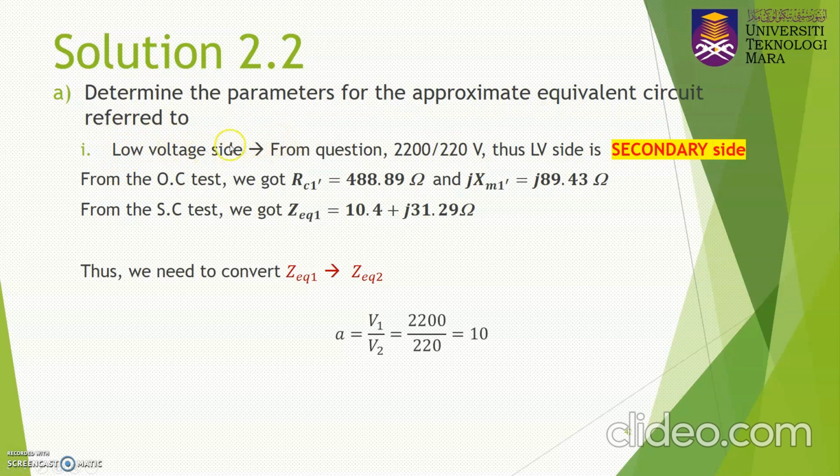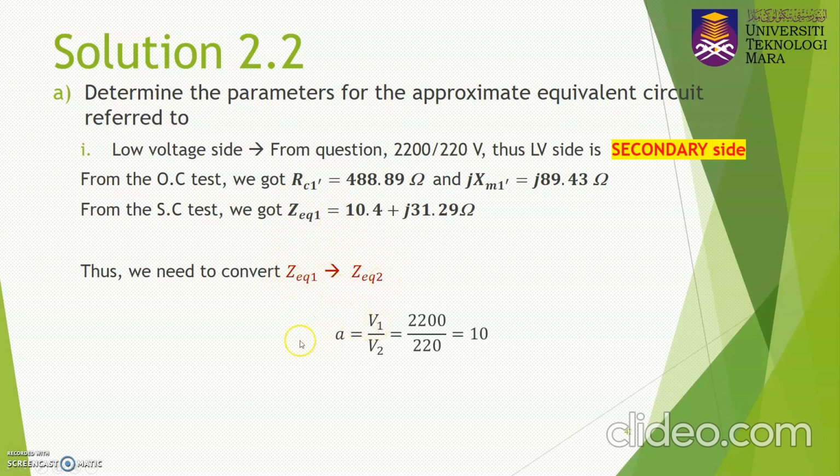So your equivalent circuit must be referred to the secondary side. That's why you must convert all these values to the secondary side. RC1 and XM1 are already referred to the secondary side, but here you have the value referred to the primary, so you need to convert this value to the secondary side first. So we need to convert the Z equivalent 1 to the secondary side.